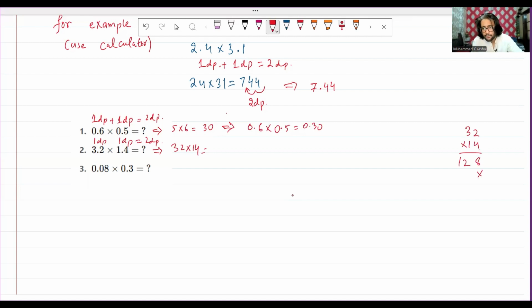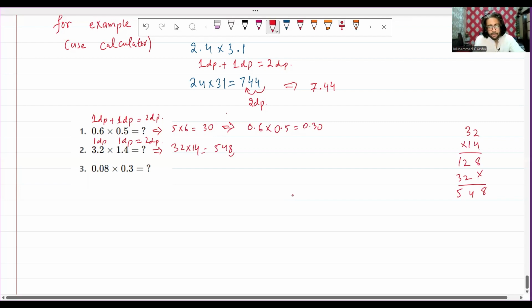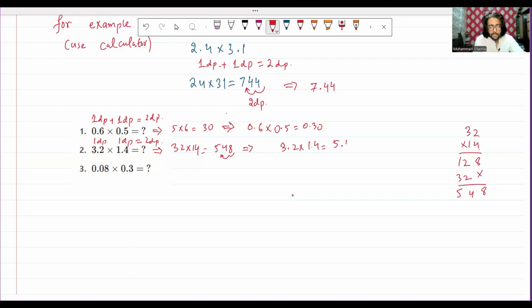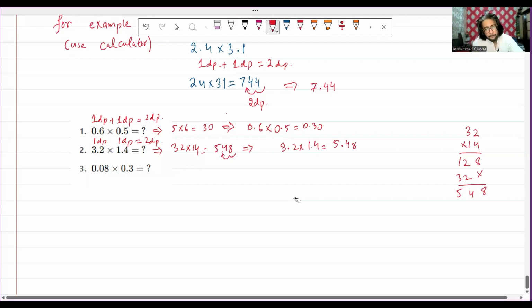So 8, 4, and 5. 548 is my answer. If I bring this into two decimal places, 3.2 multiplied by 1.4 is equal to 5.48, because this is where I'll put my decimal point.